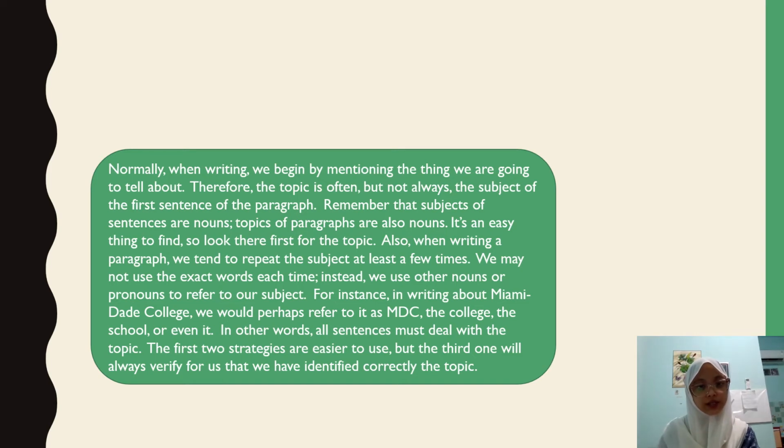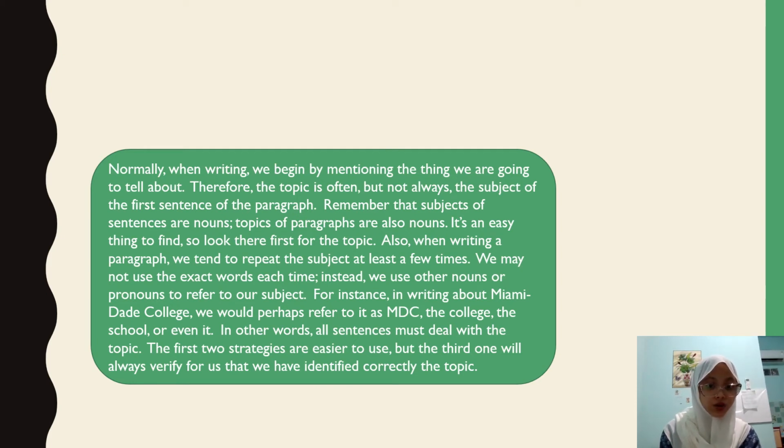Also, when writing a paragraph, we tend to repeat the subject at least a few times. We may not use the exact word each time. Instead, we use other nouns or pronouns to refer to our subject. For instance, in writing about Miami-Dade College, we would perhaps refer to it as MDC, the college, the school, or even it.